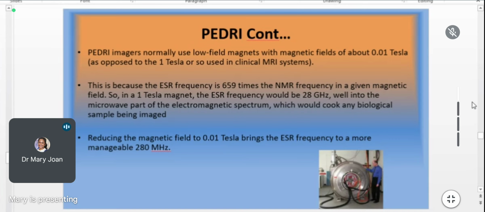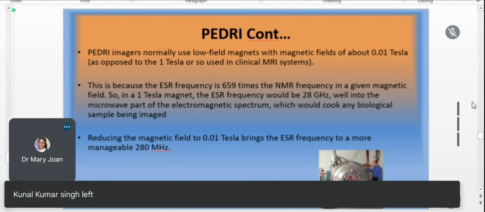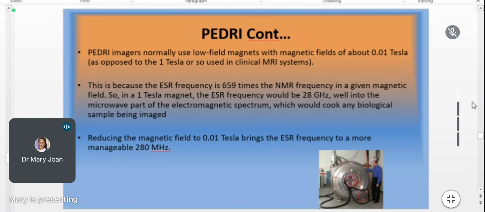But when we are taking the NMR as well as ESR together, if we have a normal 1 Tesla MRI and the ESR frequency, which is 659 times higher, that will be like cooking the tissue. So much heat can be produced over there, and the released additional energy can damage the biological system.